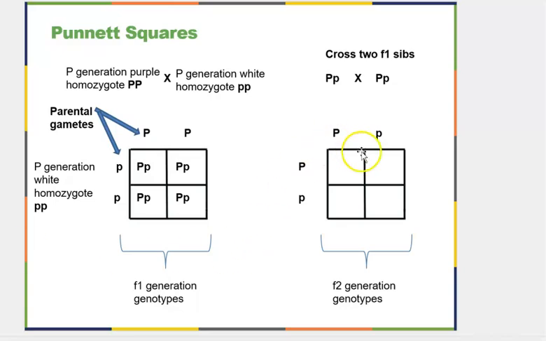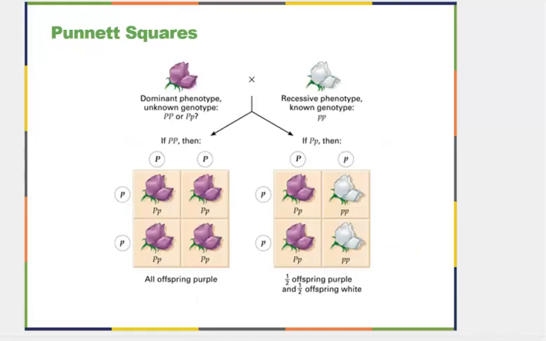Punnett squares. Here's what it looks like. Here's what the F2 is going to look like. We took these two siblings and bred them together, right? See if you can do it in your head. Here's another one. We took one of these and bred it back to a parent.